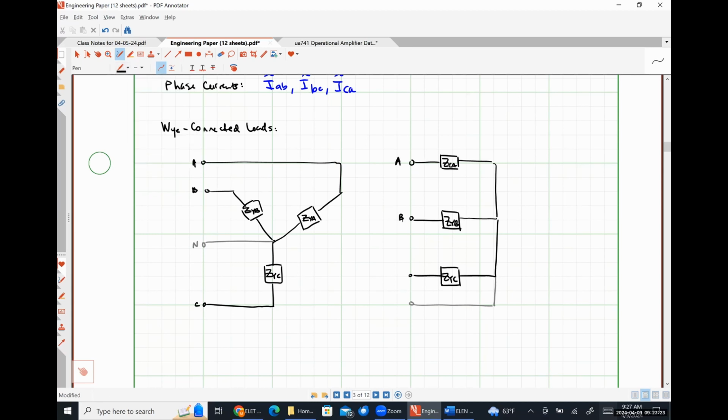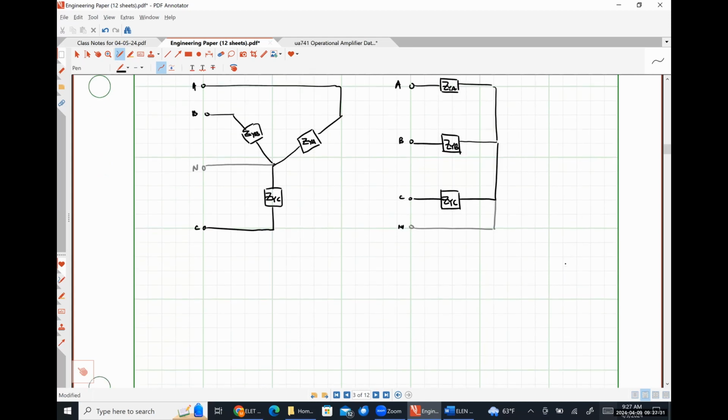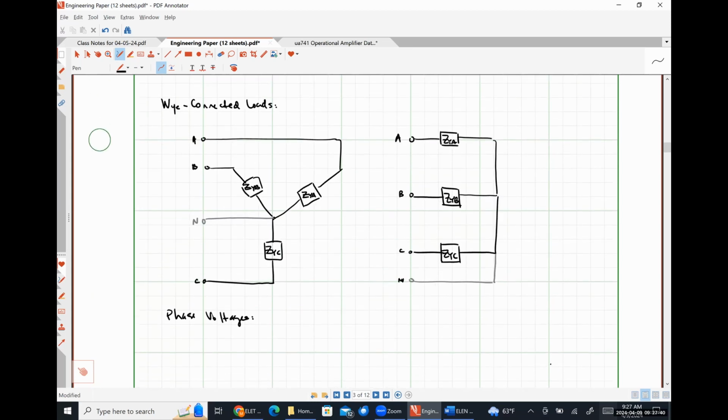Here's A, B, C, and N. Okay. So that's how we'll draw things. Either one or the other of them. My money is always going to be the one on the right.